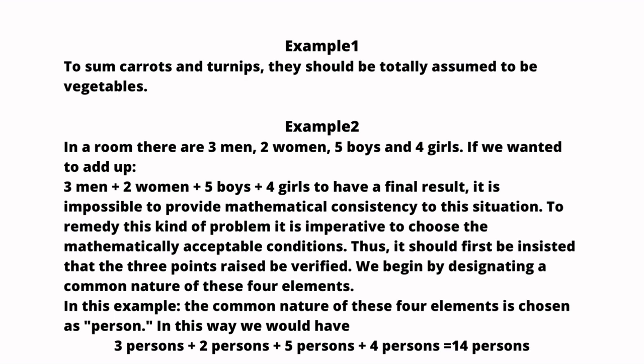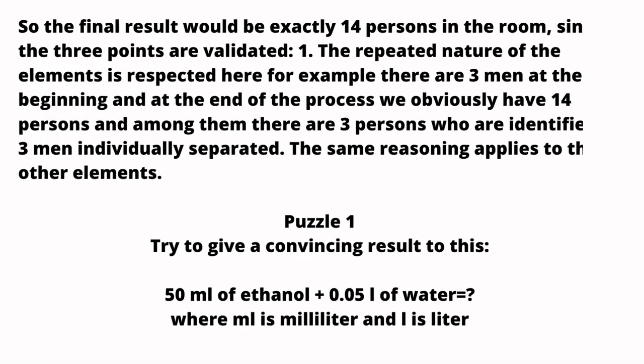In this example, the common nature of these 4 elements is chosen as person. In this way we would have 3 persons plus 2 persons plus 5 persons plus 4 persons equals 14 persons. So the final result would be exactly 14 persons in the room, since the 3 points are validated.